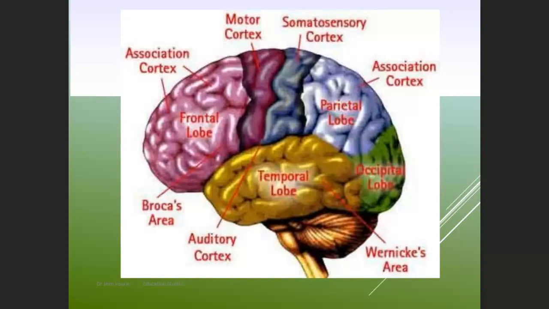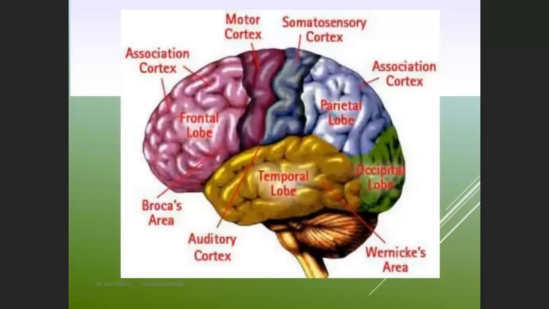If we have a look, this is a side view of one of the hemispheres. The frontal lobe in this picture is pink, and the red area is the motor cortex. The somatosensory cortex has to do with sensory, nerve sensing things.